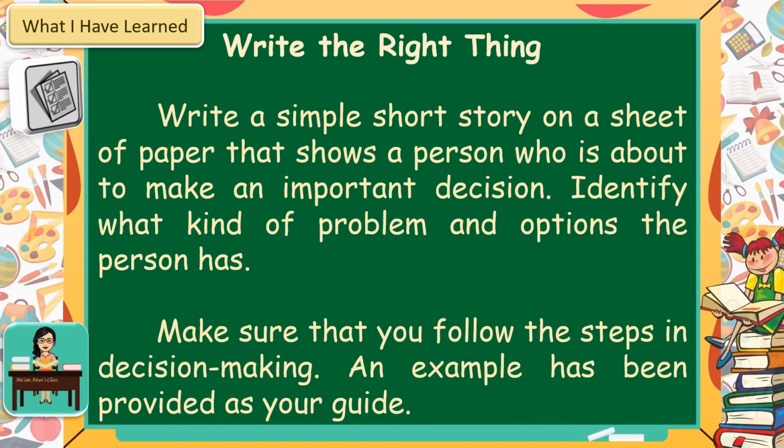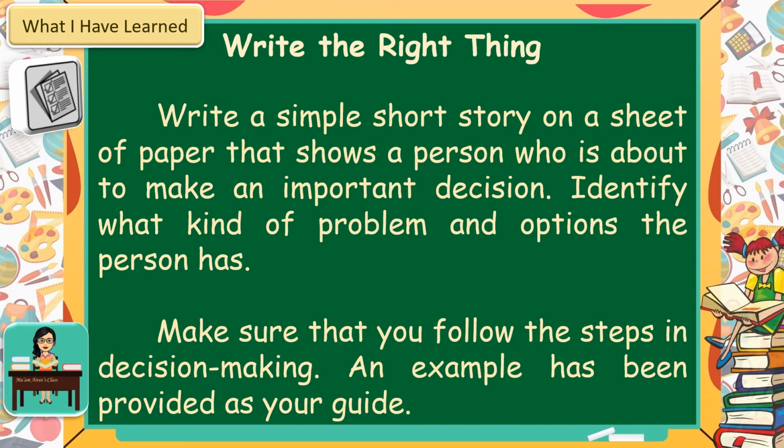In this activity, you are going to show me what you have learned by writing a short story. Okay? So this activity's title is Write the Right Thing. What will you do? It's very simple.